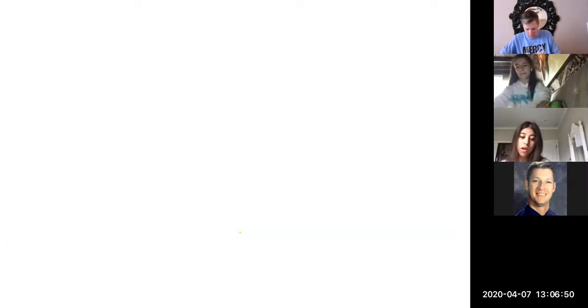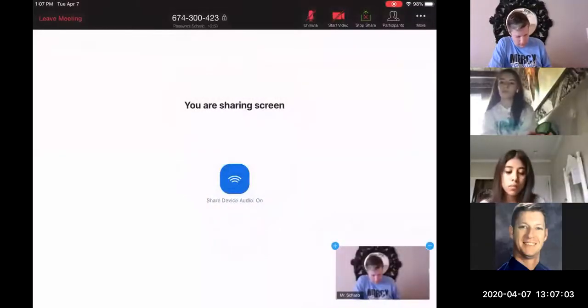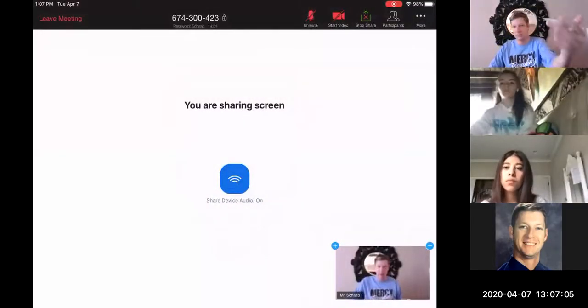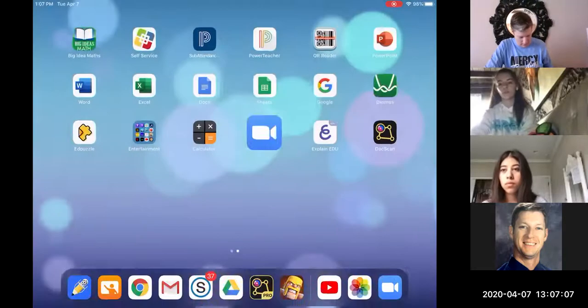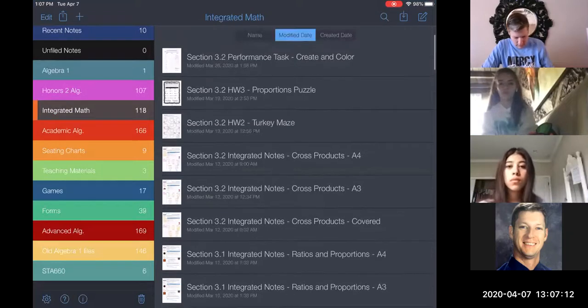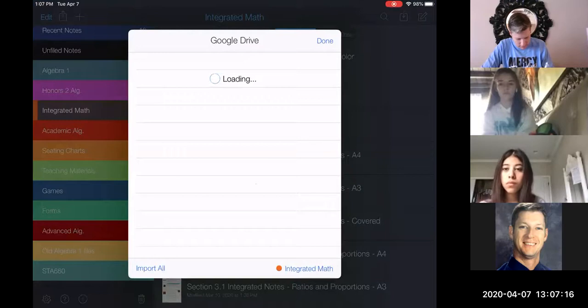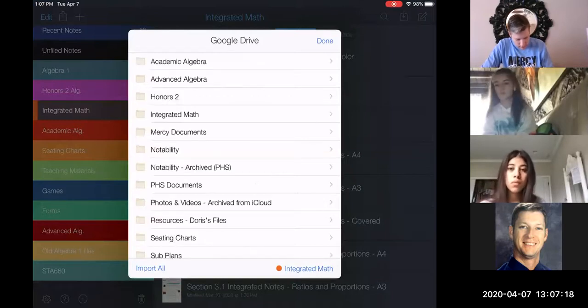Okay. So now I'm going to do the other thing. I'm going to do screen share, and that way I can bring up the packet. Okay, so here we go. On my iPad, even though you can still see me on my desktop, I can go to Notability, Integrated, and wow, I could have sworn I had this imported already, but let's just go ahead and do it real quick.